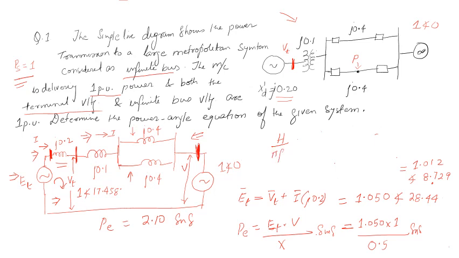H upon pi f d square delta upon dt square. Now what is our mechanical? That is our 1 per unit. What is our electrical? That is our 2.10 sine delta. Okay, that's the final equation. So this is what our equation comes to.